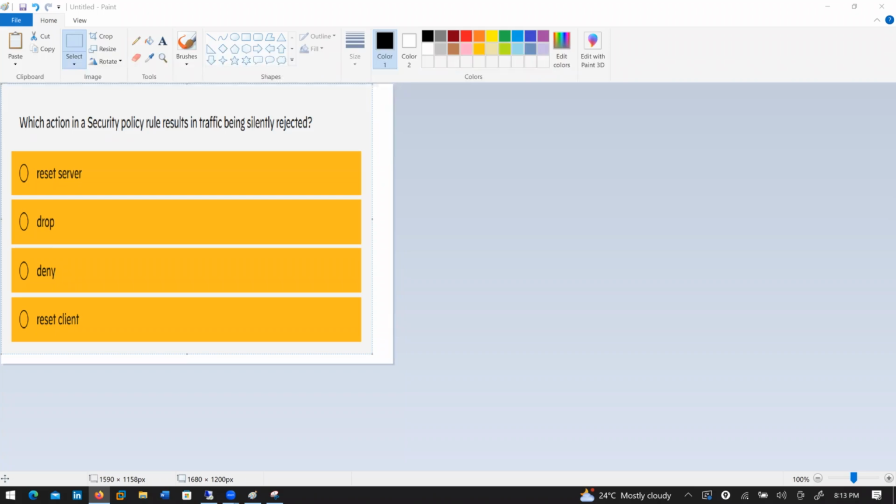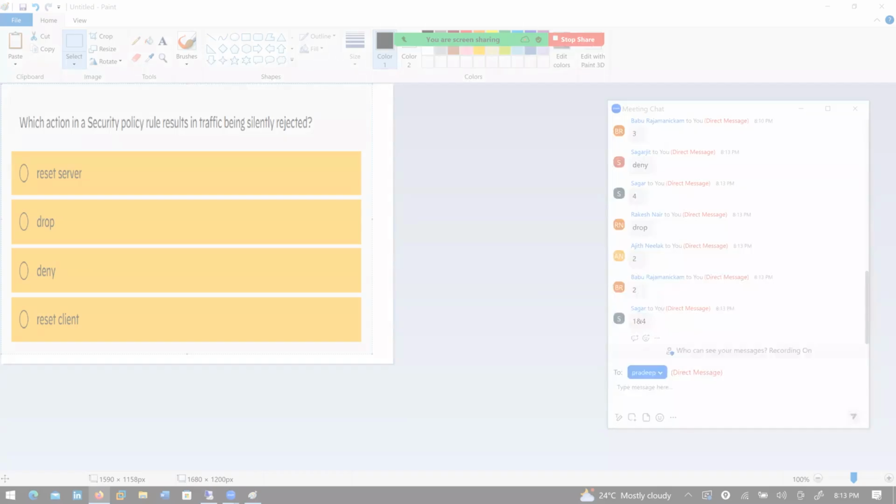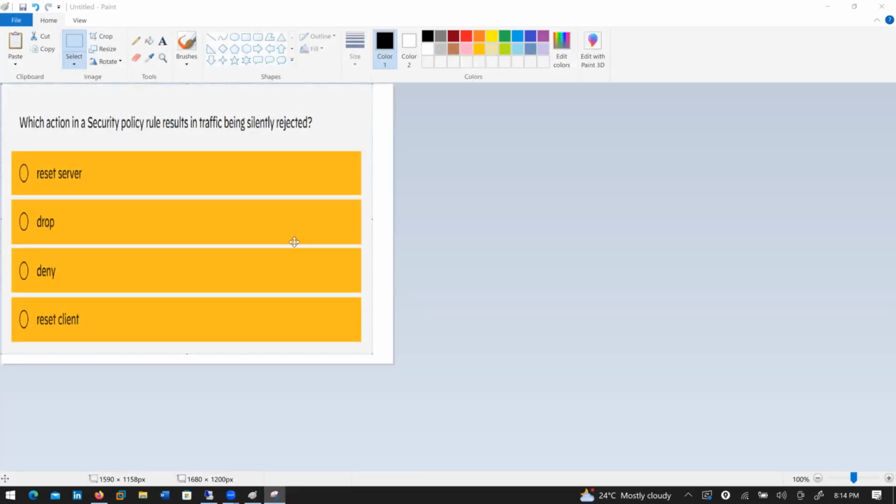Rakesh, Ajit, Babu, Sagar. So the answer is drop. Okay. So many people are right, few people are wrong. When the firewall drops, then only it is silently rejected.